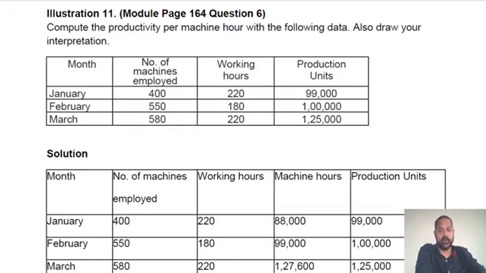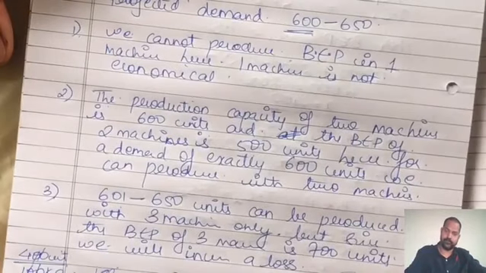I need to find out how much total machine hours has gone in. In February, 550 machines working for 180 hours. And in March, 580 machines working for 220 hours. And the production output is given to me. Fine. Let me begin then. The first thing that I'm going to do is write down the question.